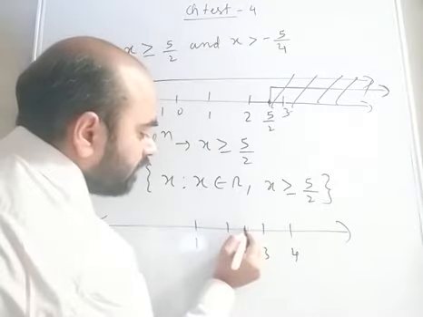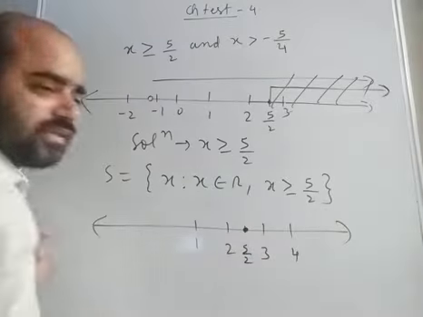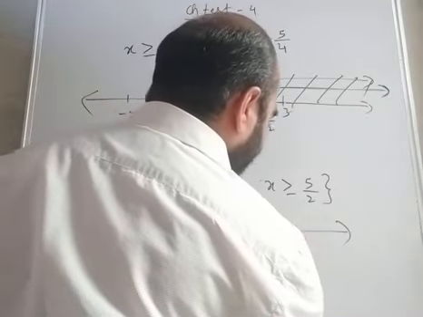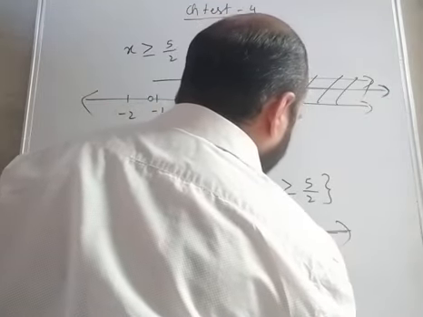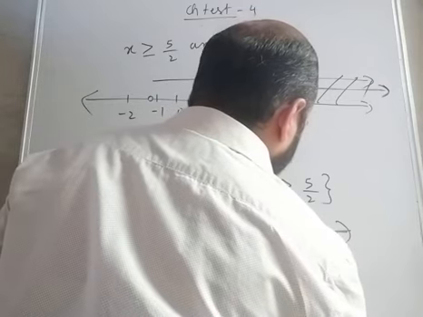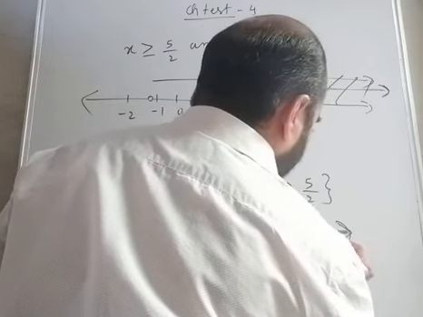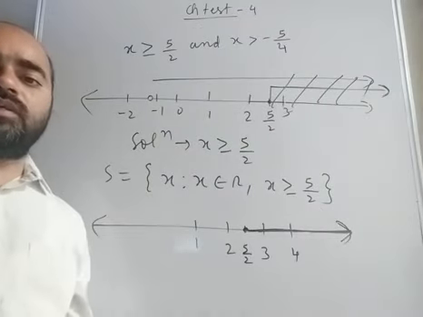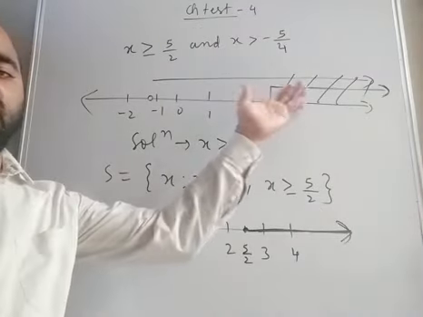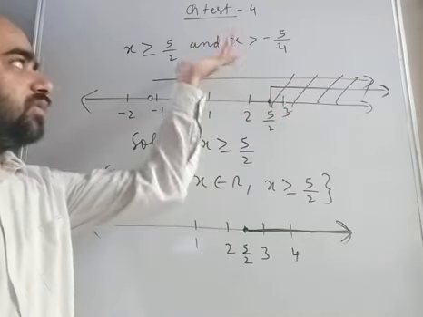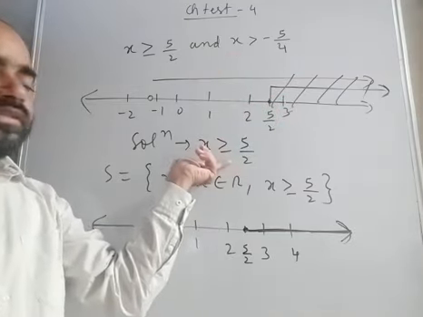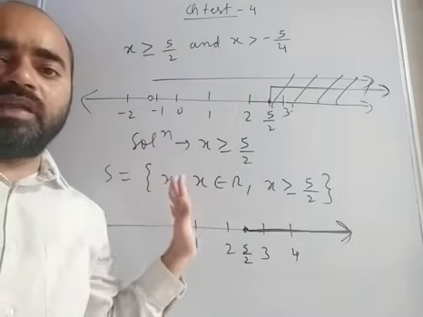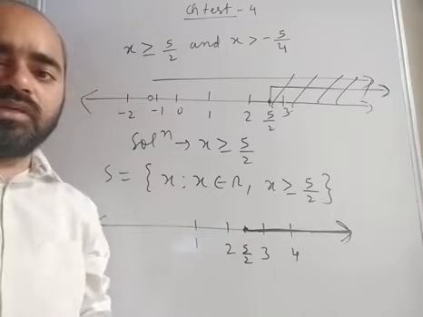It means that will be a dark circle and after that a continuous line. Now clear? That is the solution. This is for understanding. You are not going to draw this. You can directly write this statement, how to write the values which will satisfy both the inequations. Now understood? Now we will continue.